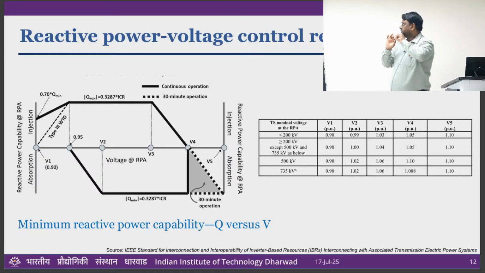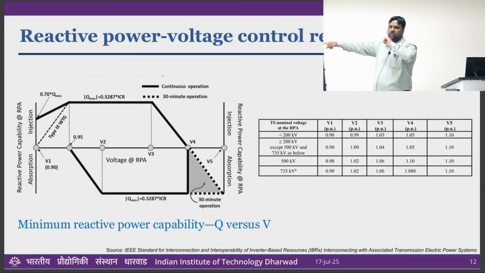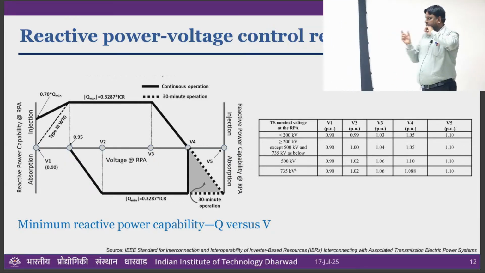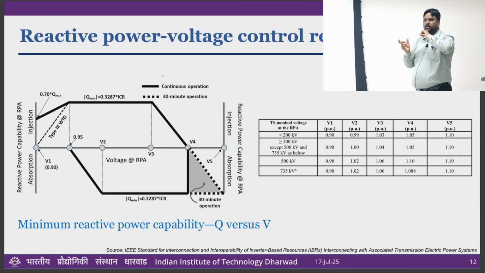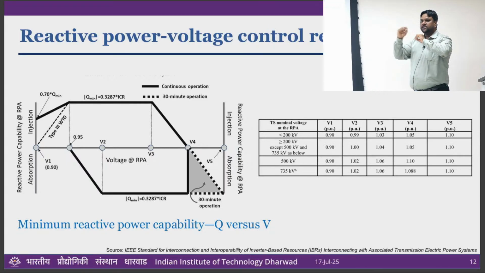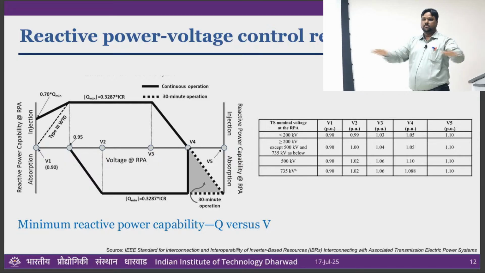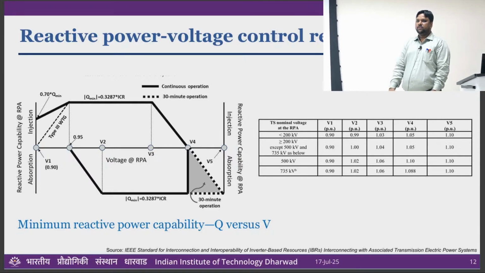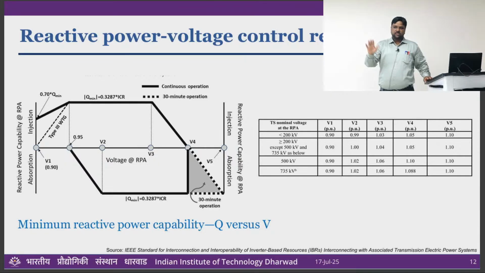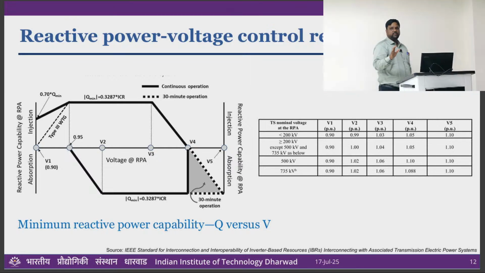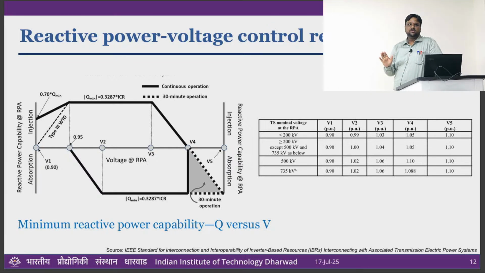While you give that Q reference, you have to follow all the standards. You have to see where the voltage operating point is, and at that time you select the Q reference from the plant controller and give it to individual IBR units. Okay. So I am going fast, I know. For some students it is very high level. Yeah, question?